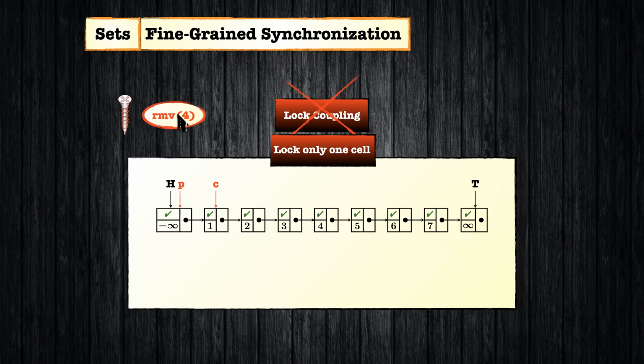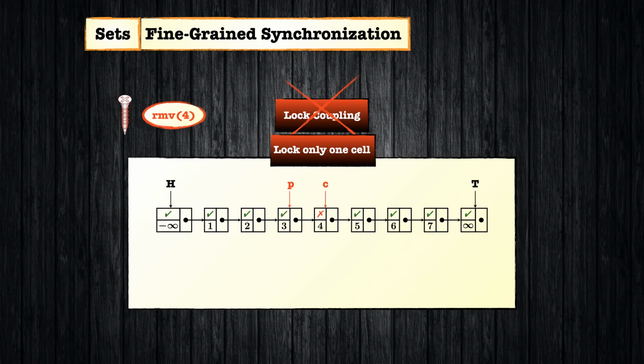So now we have the red thread here trying to remove 4. It creates its 2 pointers as usual, but now it locks only one of the cells, so the C cell. And it will do that all the time. Again, it will do the search through the list until it finds the correct position, the node whose key is not strictly smaller than your key, which is the 4 here.